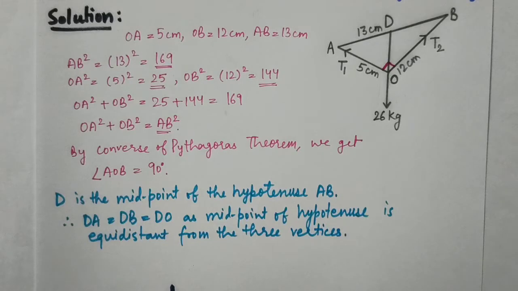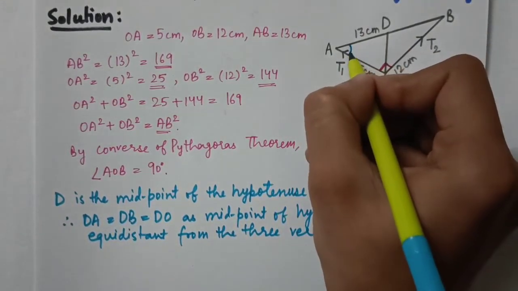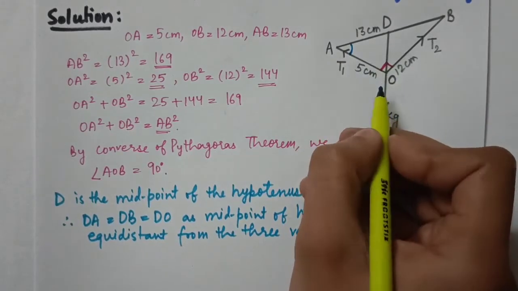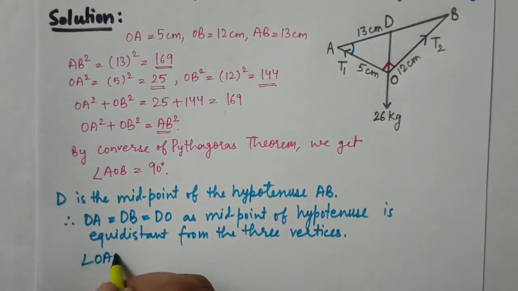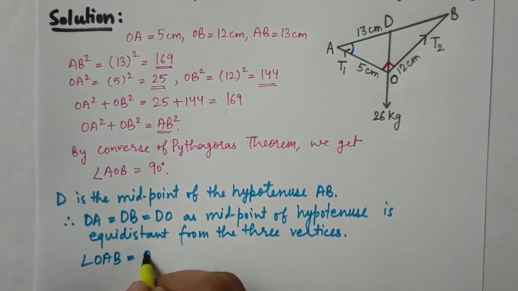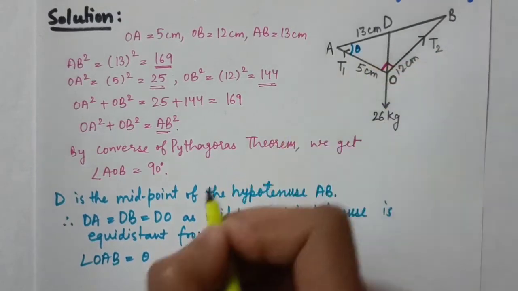So now let us suppose that this angle that we have here, angle OAB, is equal to theta. So let this angle be theta.